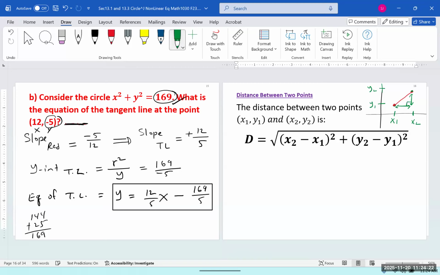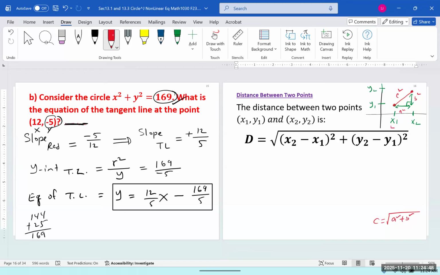It's a right triangle. When you have a right triangle, we know c squared equals a squared plus b squared, right? So our c is the square root of a squared plus b squared. What is a?